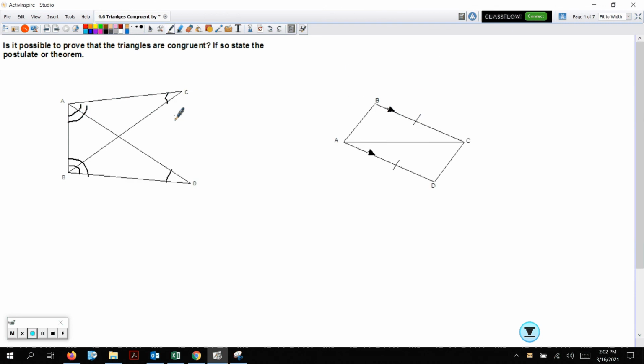Okay. Let's look at these bad boys here. All right, so now let us separate these two triangles, okay? So we have this here.